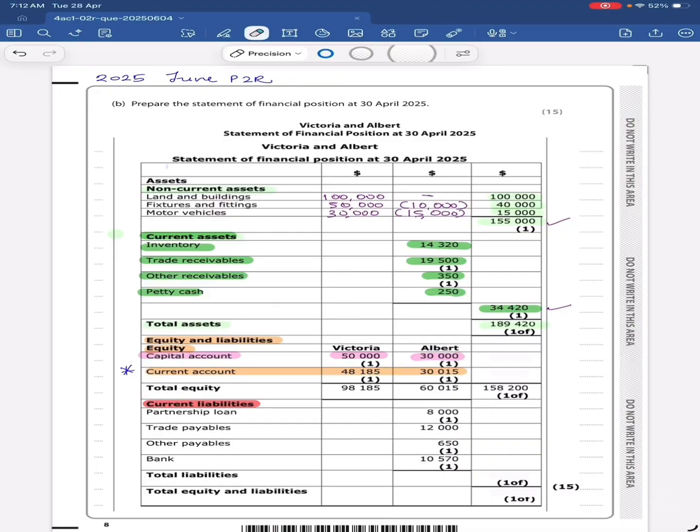Now total up the current liability and write it in the next column, next line, 31,220. Now let's add up the total equity 158,200 and total liabilities of 31,220, and you should get an answer of 189,420. As you see here, the total of the assets should be equal to the total of the equity and the liabilities.